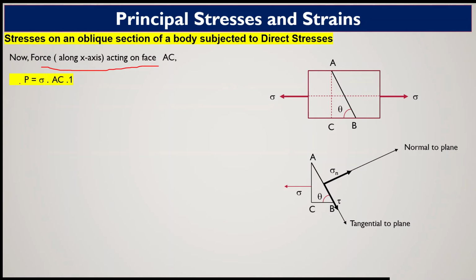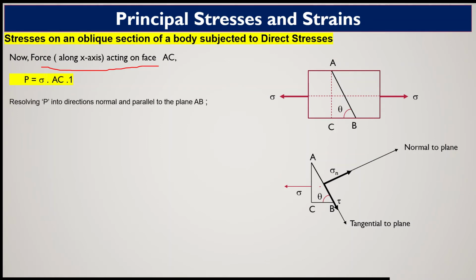Now P is the force acting along the x direction on the face AC. Sigma is the stress, into the area of that side, that means AC. AC is the size of the element and unit thickness. So the area of this AC element will be AC into 1.